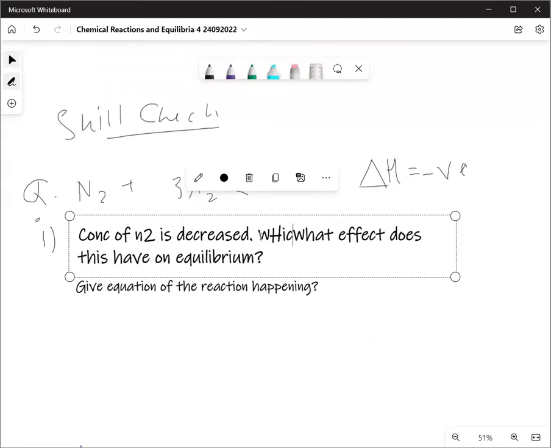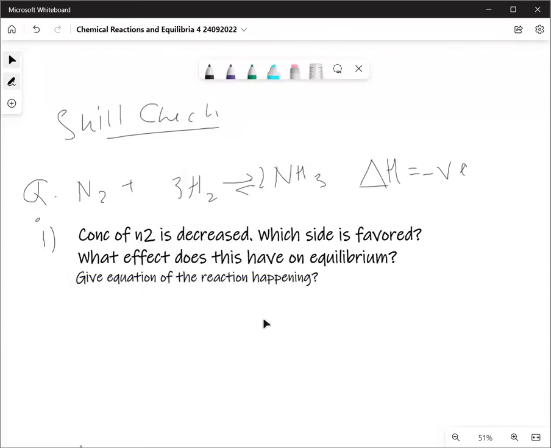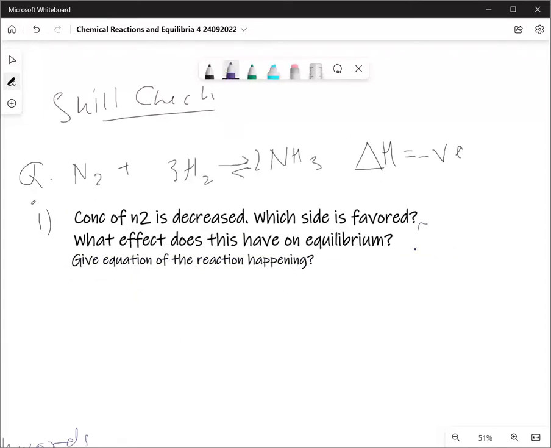Now, which side is favored? What effect does it have on equilibrium, and what is the equation of reaction happening? Now, this whole thing is for 3 marks. Yeah, solve it on your notebook.